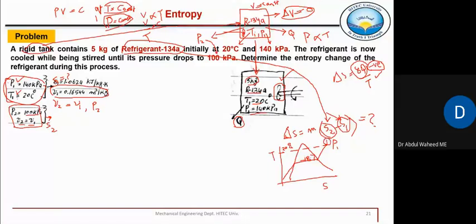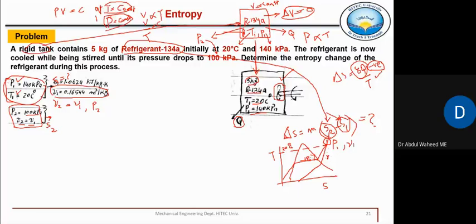Now its temperature is dropped at constant volume. Right, there are constant volume lines on this T-S chart. Constant volume lines are like this one, and then they shift like this on the T-S diagram. From this point, some constant volume line is passing. At this point, there is a certain V1, right?